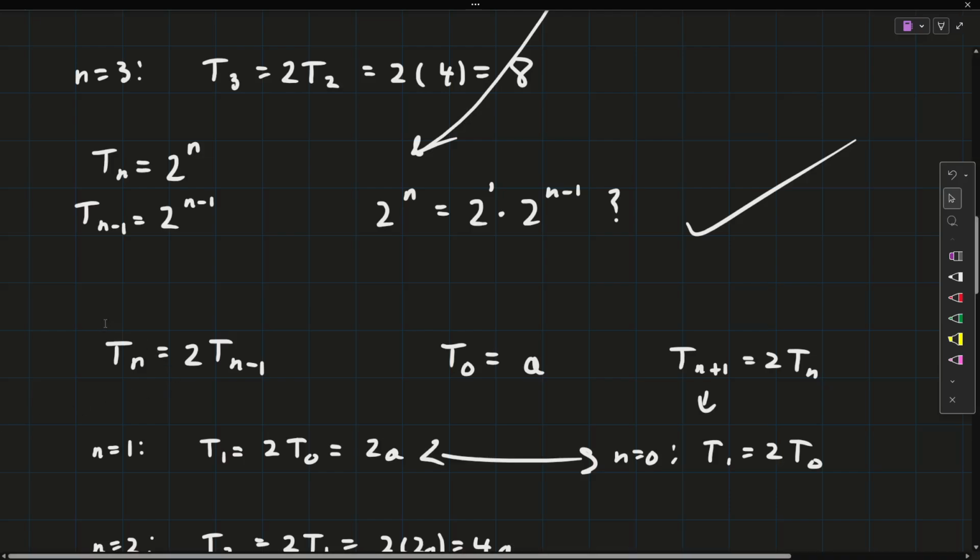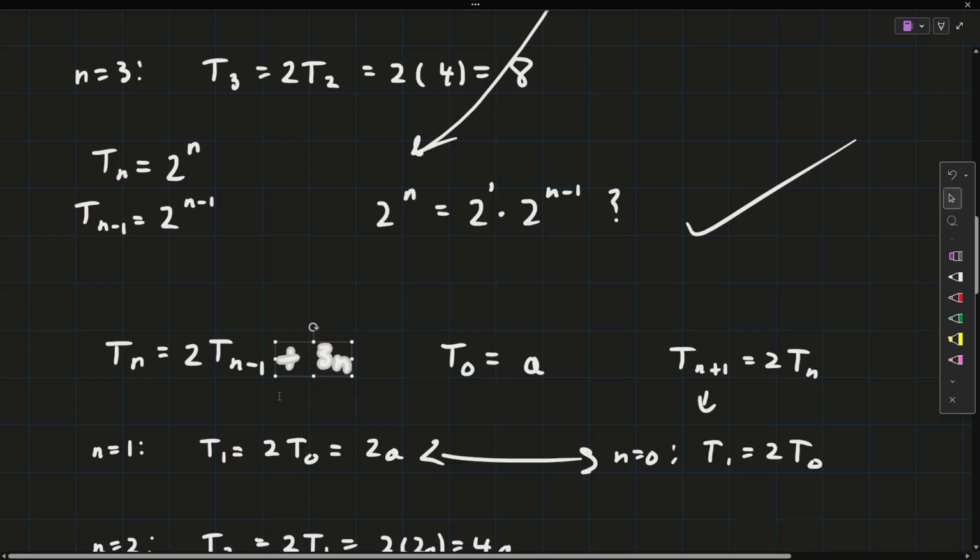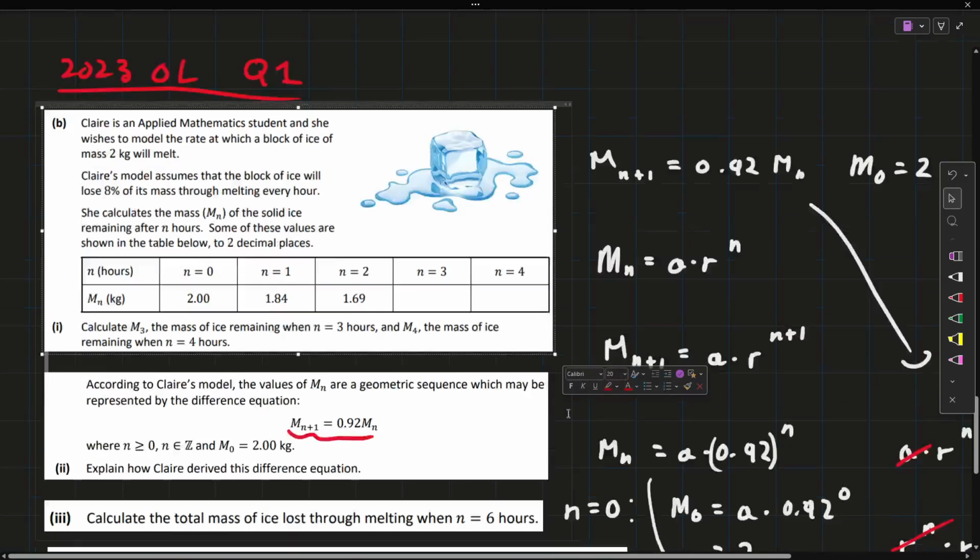Every term in this equation is to do with the sequence. So this is a term in the sequence, this is a term in the sequence. If we added, like, plus 3n, this isn't a term in the sequence, so now this is no longer homogeneous, because it's not all made up of the same stuff. We have terms in the sequence and we have variables as well. We'll get into those, but that was first order homogeneous difference equations.